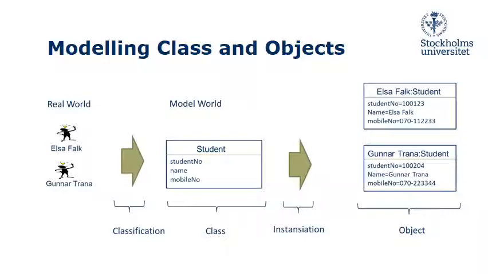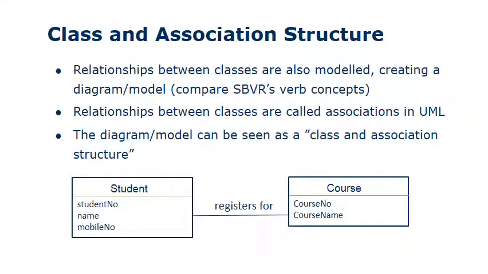Note that when we do conceptual modeling, we often don't model the objects. We actually focus on modeling classes and the relationships between classes. Relationships between classes means that you model the two classes and you show the relation, in this case with a line.